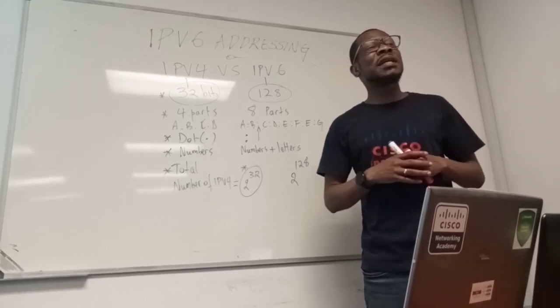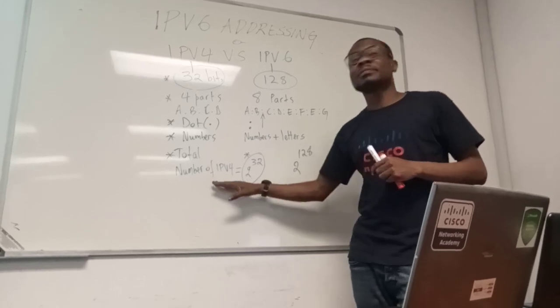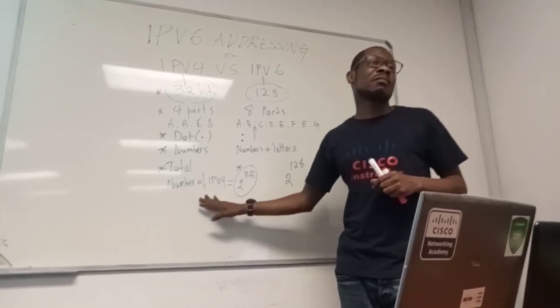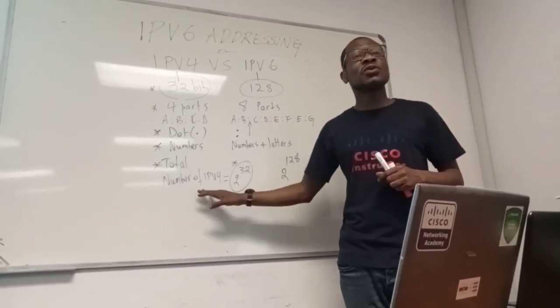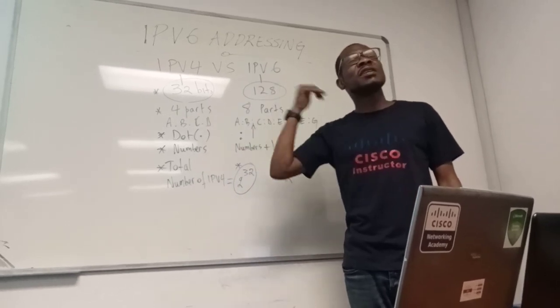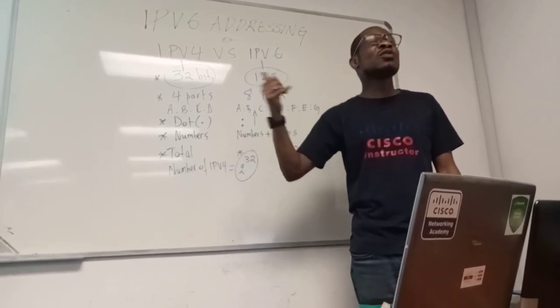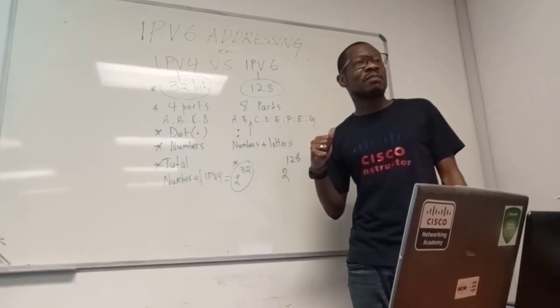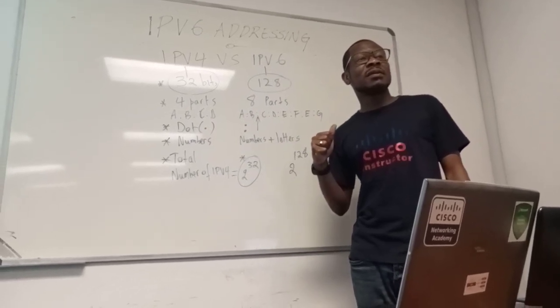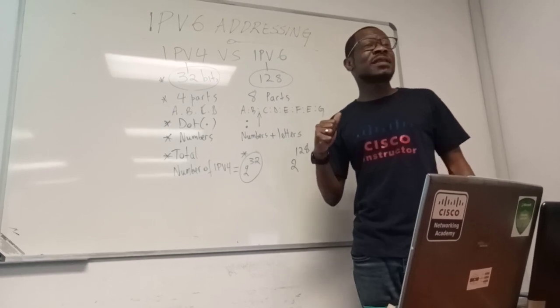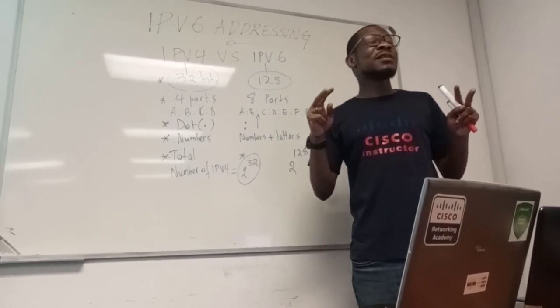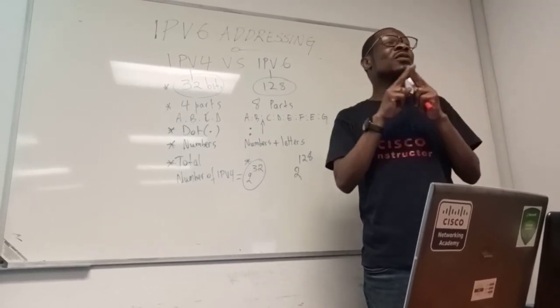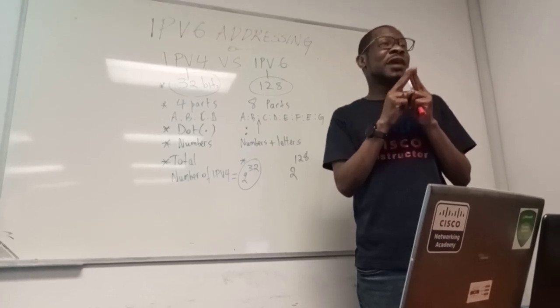But most of the companies are still using what? IPv4, right? So your PC, your device, your company, you can go for IPv4 or IPv6. But sometimes you can also use those two at the same time, right?